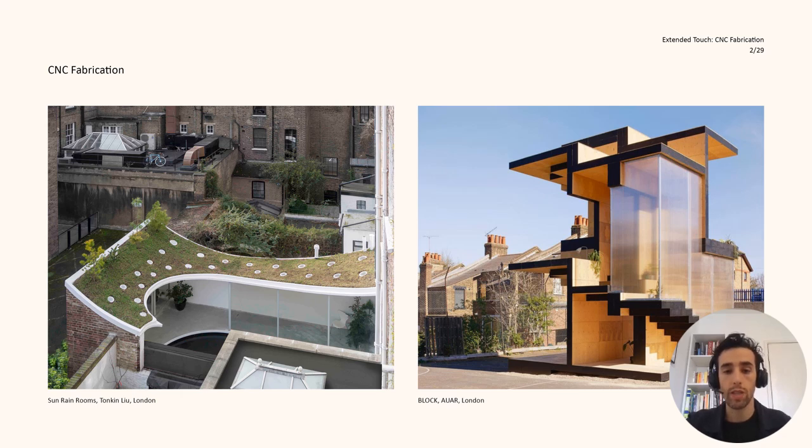On the right is Blocked by Hour, a prototype where CNC was used to cut panels that were assembled into plywood blocks that were then assembled to create different structures throughout London.